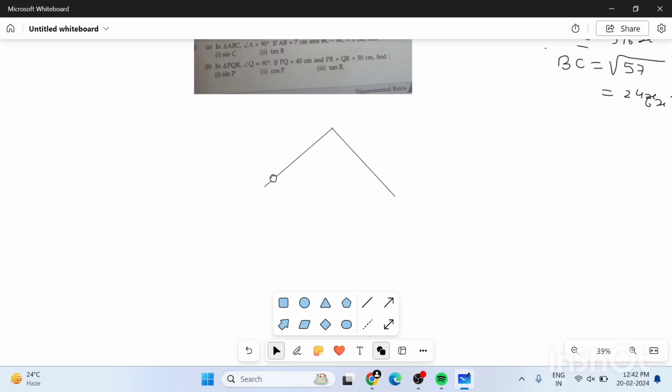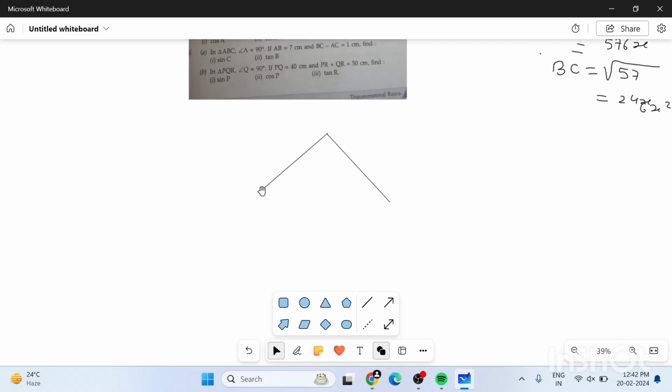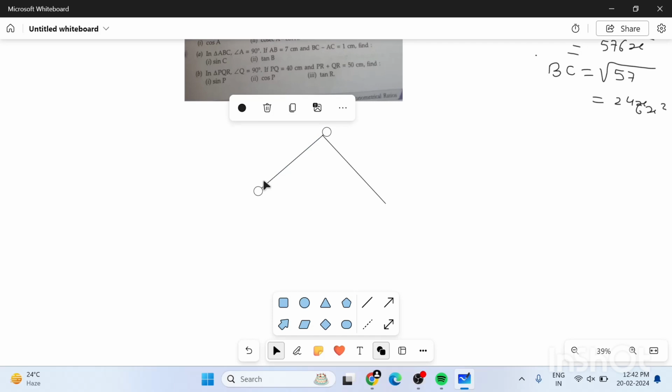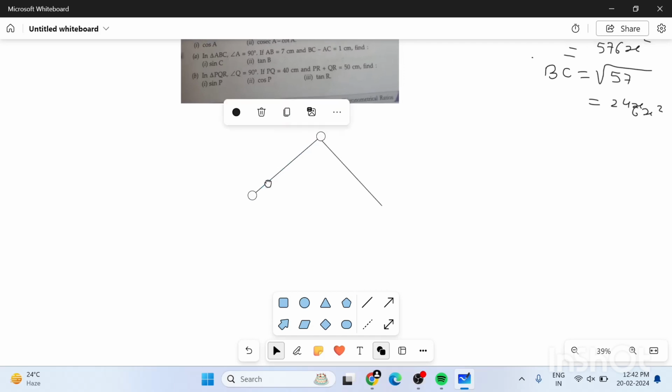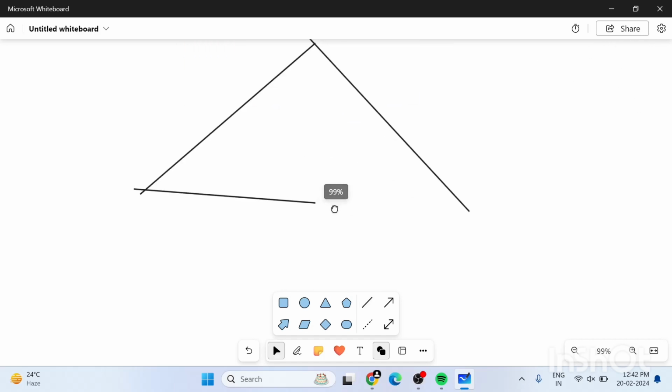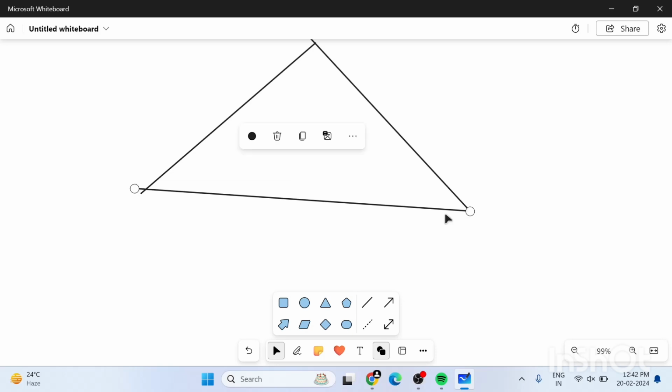The third side of this triangle I have drawn for you.